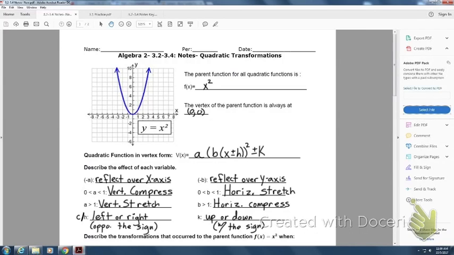You also need to know everything that is inside the parentheses. Whenever we did the little move the monster thing a while back, we talked about this. Everything inside the parentheses, is that going to affect the X values or the Y values? The X values. Left and right.